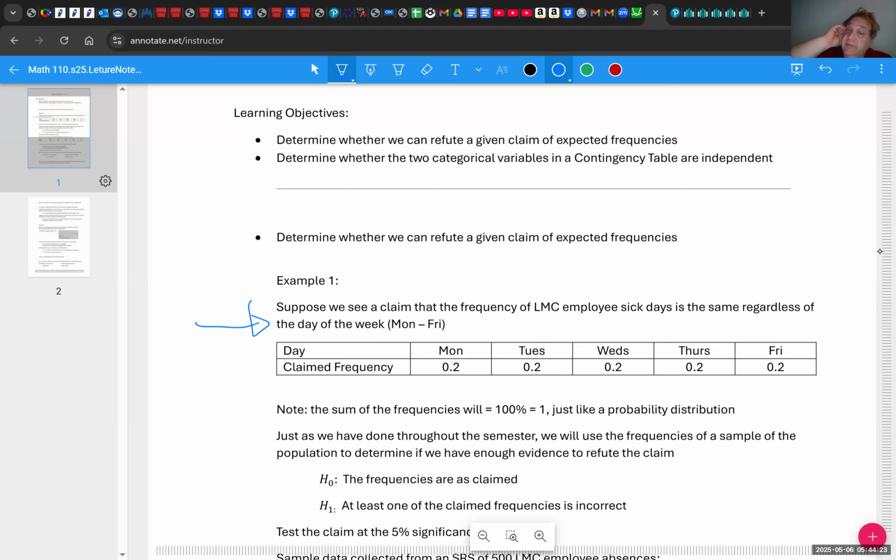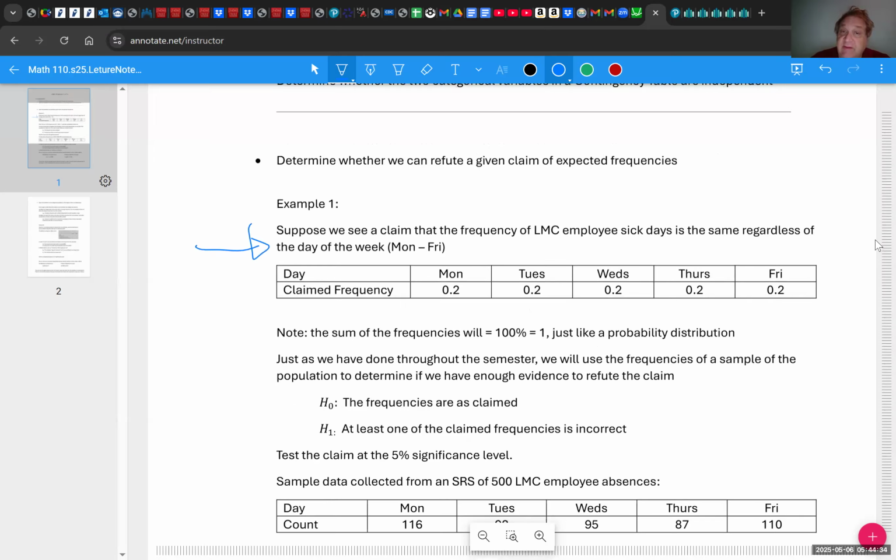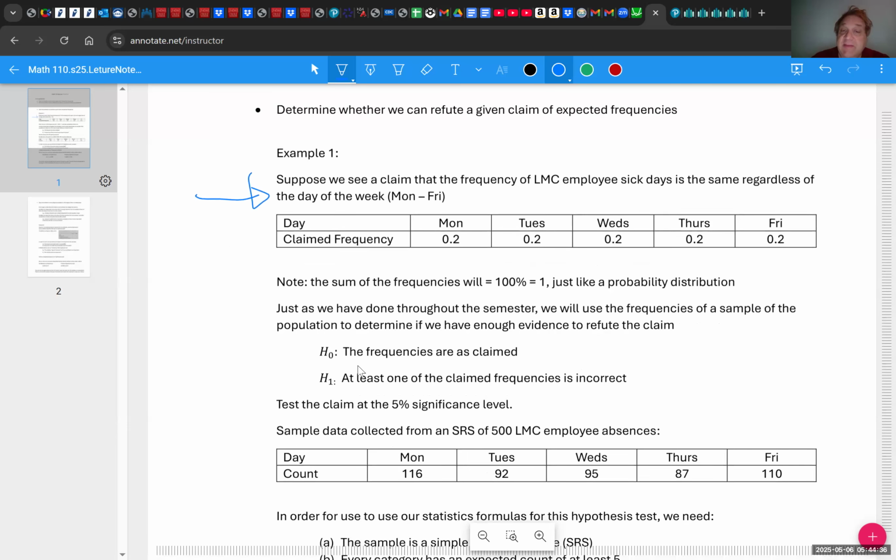And also, just as we've done throughout the semester, we're going to use the frequencies of a sample of the population to determine if we have enough evidence to refute the claim. All right, so we're going to perform a little hypothesis test here. Our null hypothesis is that the frequencies are as claimed, so in this case, 20% for every day.